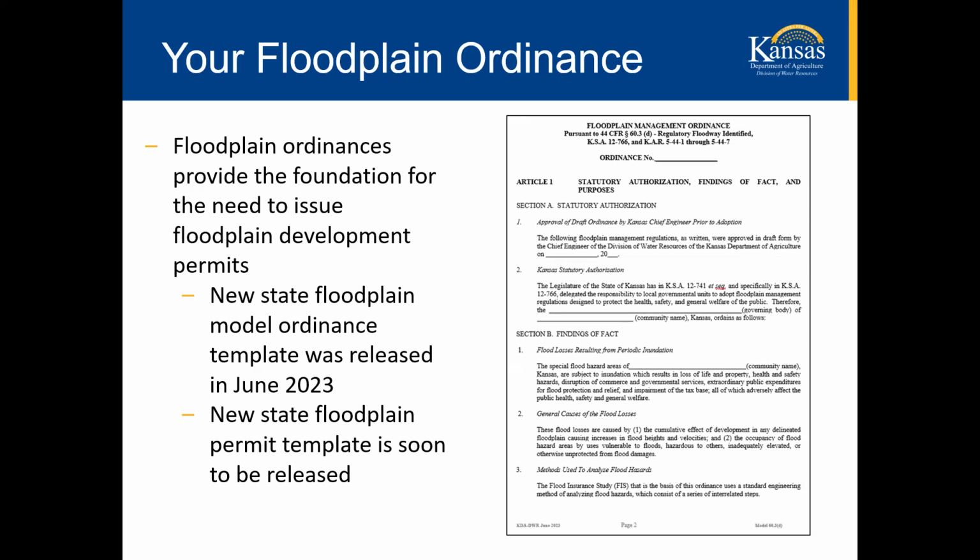But this is your document that authorizes you through the state of Kansas to enforce your regulations, resolve violations, charge people with fines, and take them to court if you have to in the more extreme situations. We do have a full class on just doing violations and resolving them with property owners. But again, our current template was released in June of 2023.